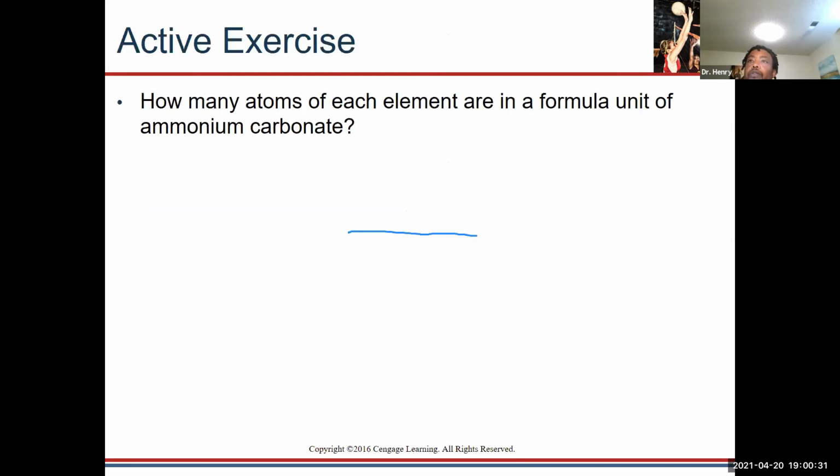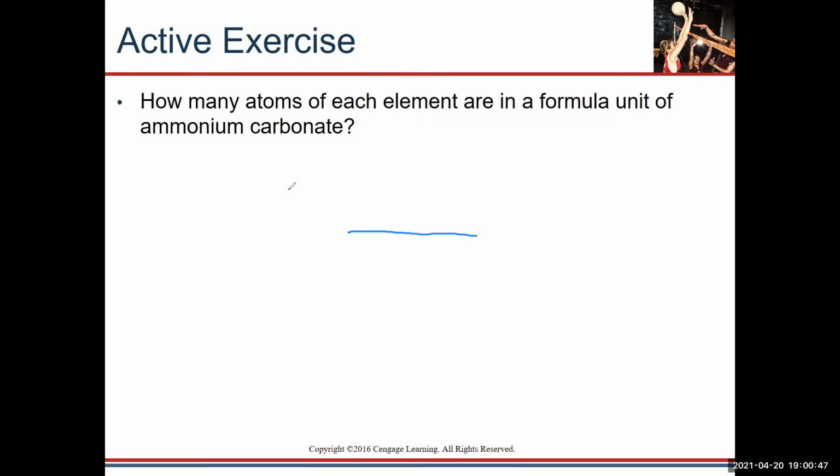Right. So how many atoms of each element are in the formula unit of ammonium carbonate? What is ammonium carbonate? Let me look at the poly.